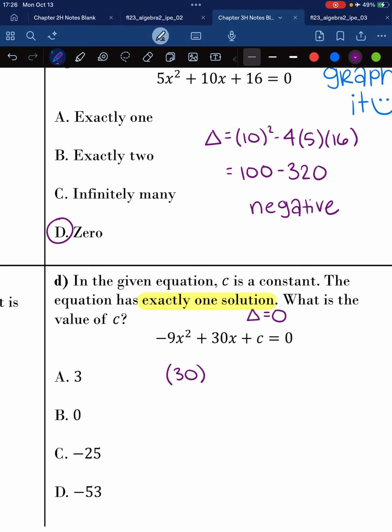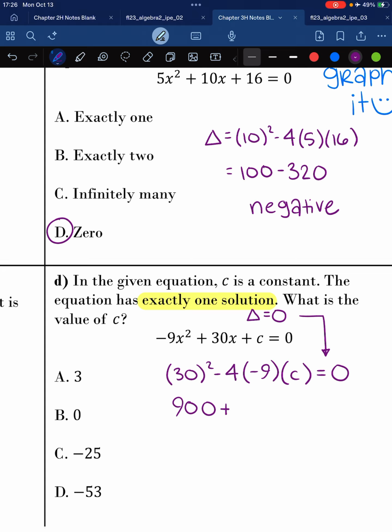So x equals negative b plus or minus the square root of b squared minus 4ac, and c is still just a variable. And for there to be one solution, I know that it has to equal 0 then. Okay, and I can go ahead and use my calculator to simplify.